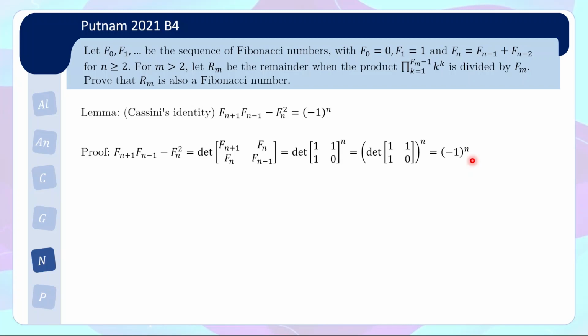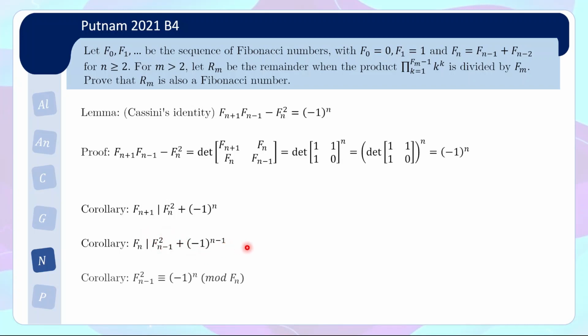Now what we really want from this lemma is the fact that Fn plus 1 therefore divides Fn squared plus minus 1 to the power n. I'm going to shift the index down by 1 because that is the form we'll be using. So Fn divides Fn minus 1 squared plus minus 1 to the power n minus 1.